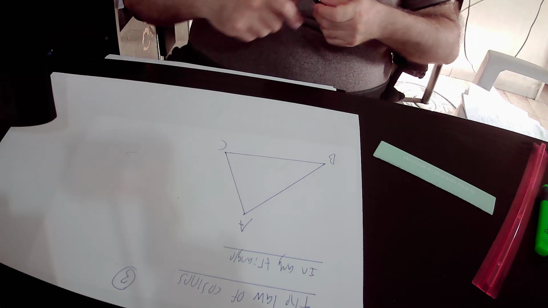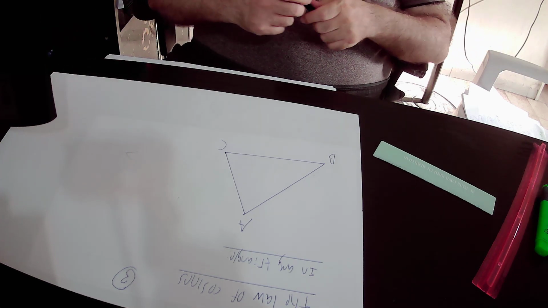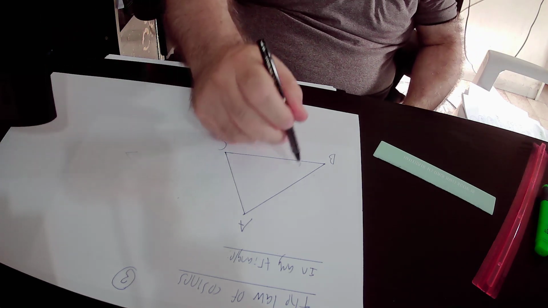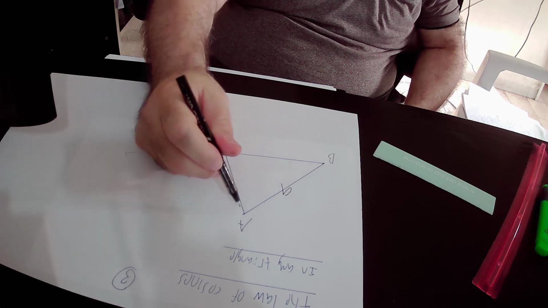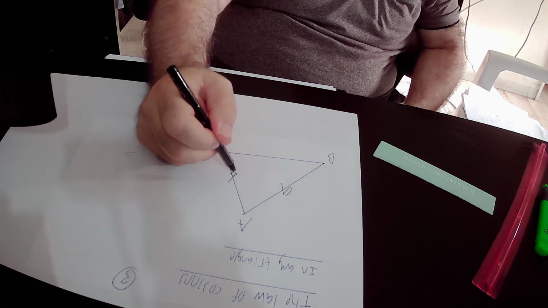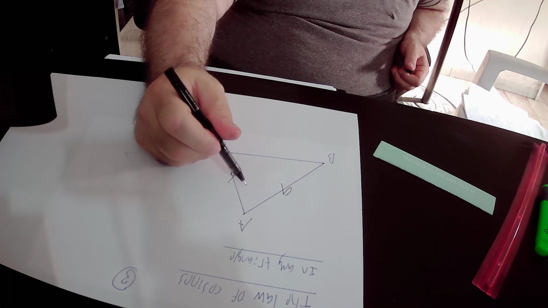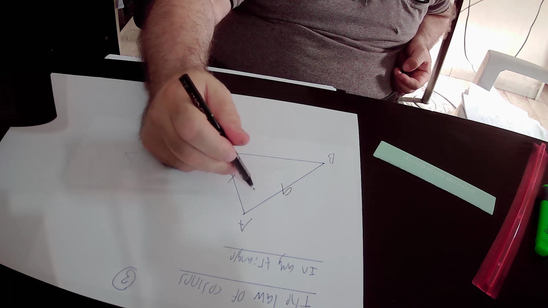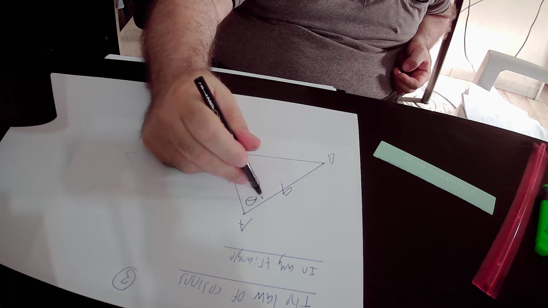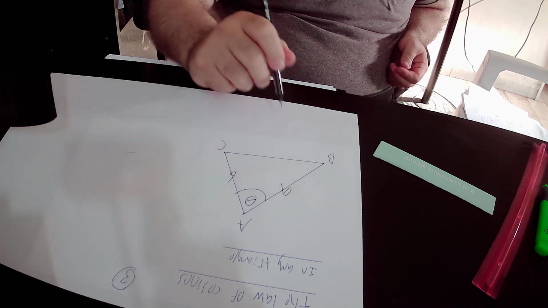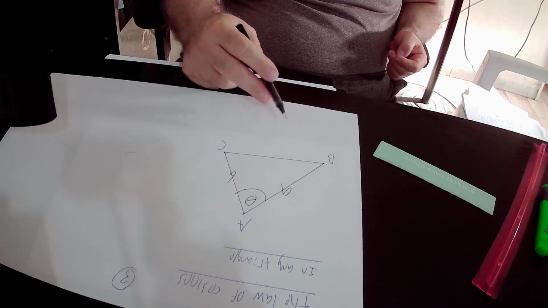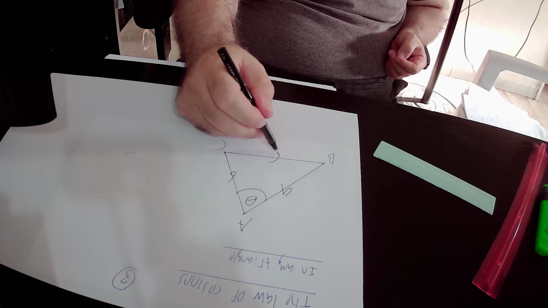And we know that side AB equals A units in its length, side AC equals B units in its length, and the angle between side AB and side AC is theta, and side BC equals C units in its length.